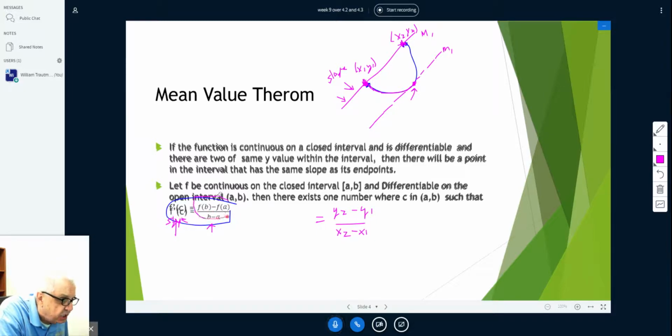This is the slope using calculus, the f prime. And this is the slope using algebra. So that's the mean value theorem. If you have 2 points, you can find the slope using algebra. Somewhere between those 2 points, you'll have another slope that's exactly the same, parallel lines, but you're only finding the slope from 1 point.